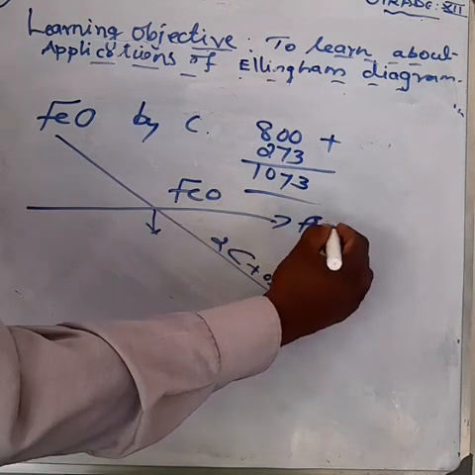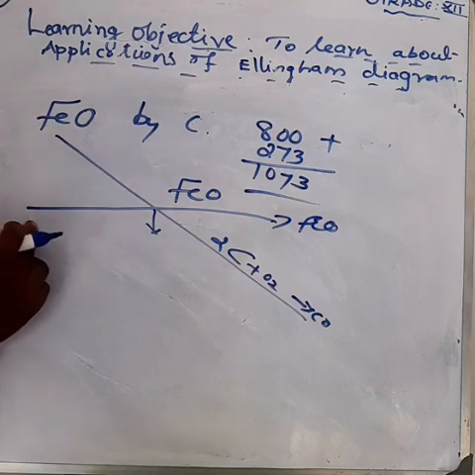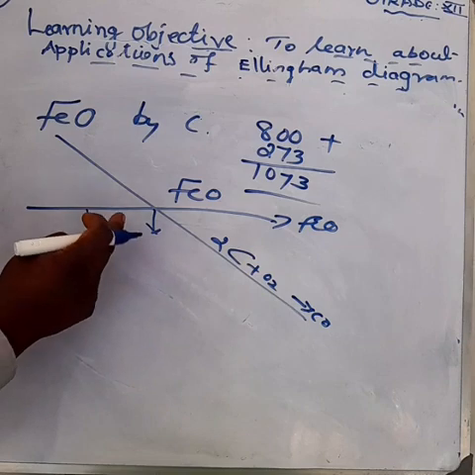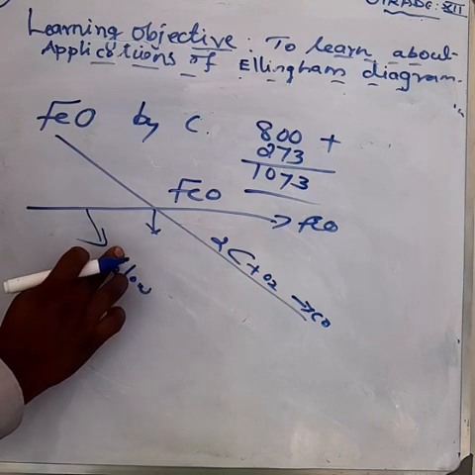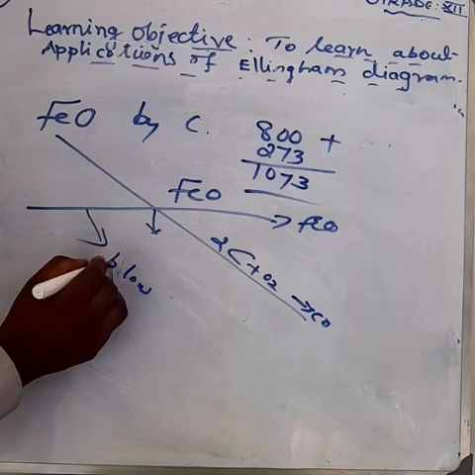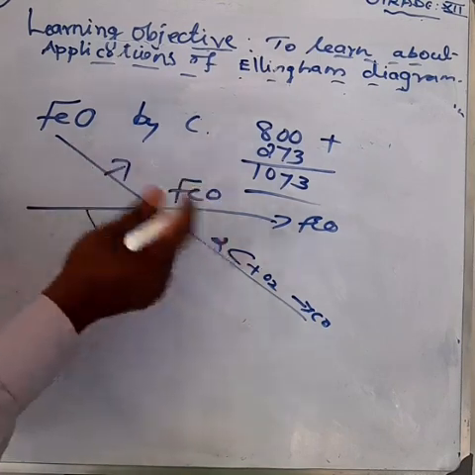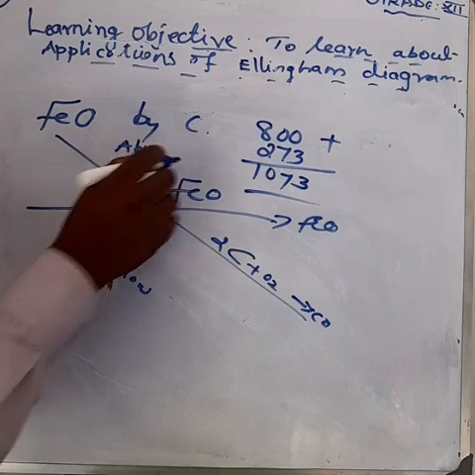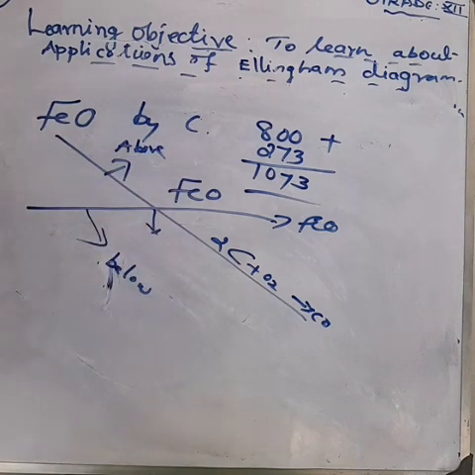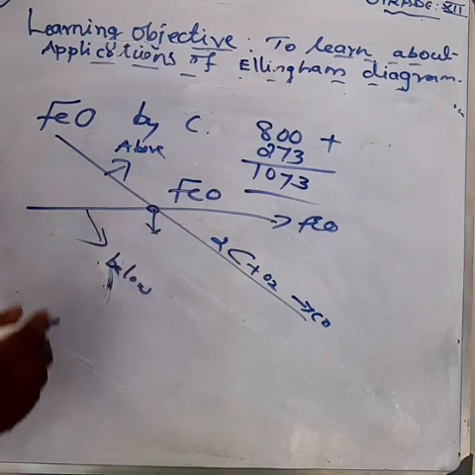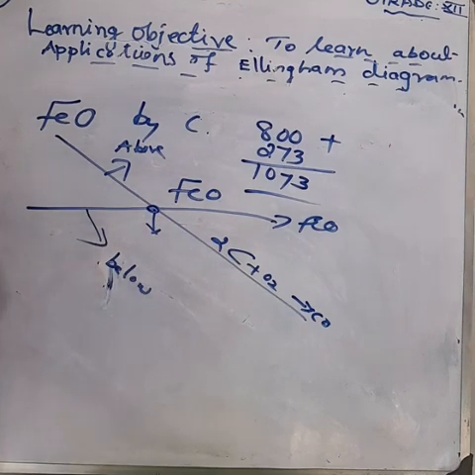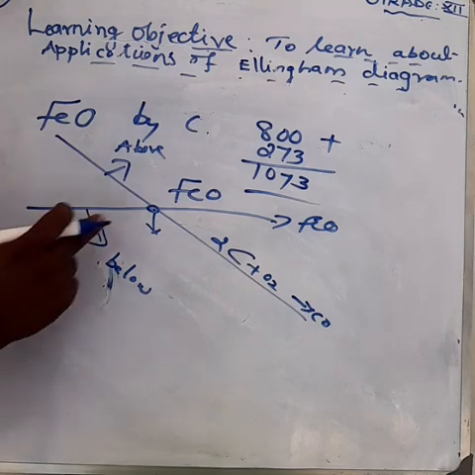Below this temperature, the carbon line lies above the iron line, which shows that iron oxide is more stable than carbon monoxide. So at this temperature, the reduction is not thermodynamically feasible. Based on thermodynamics, this temperature is not feasible.